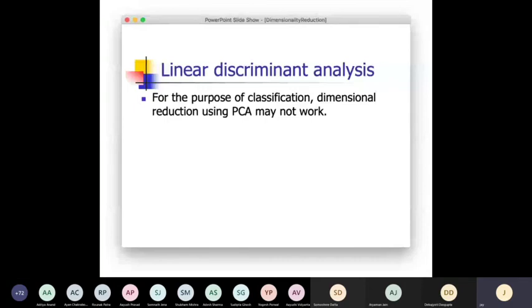But that is my comment here: since my objective is different, my objective is not to preserve the information content, rather to get the separability, to make the separation more prominent in the projected space.